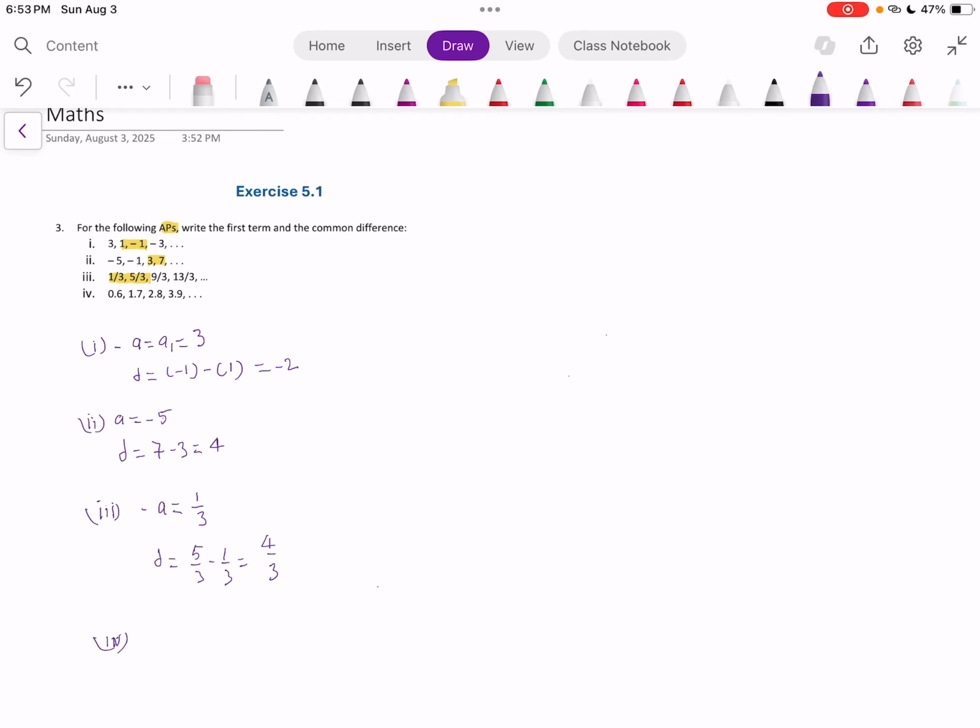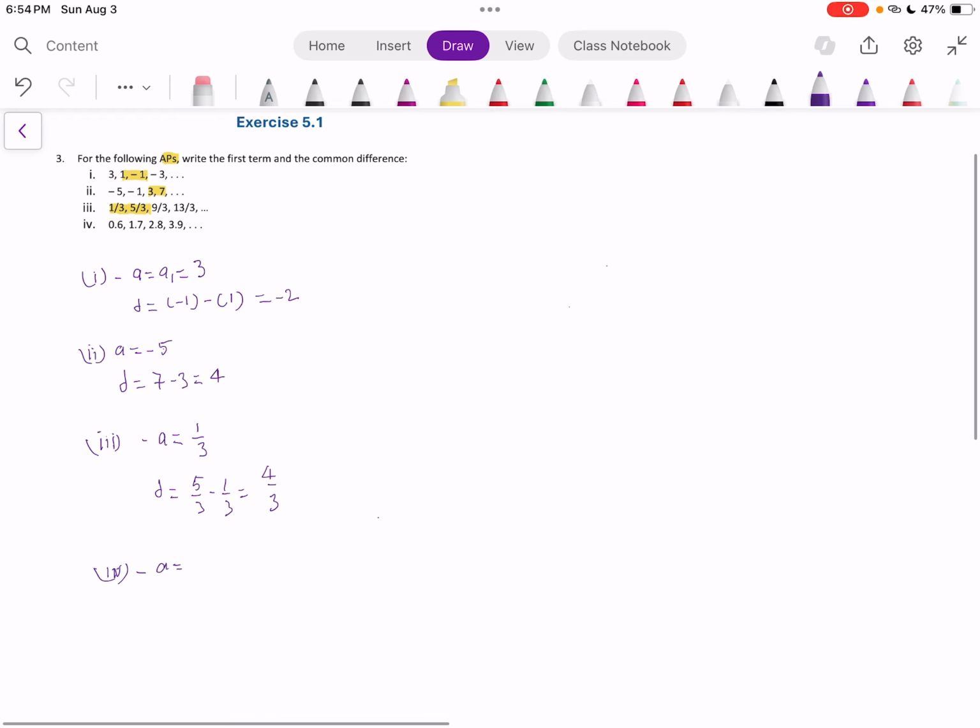For the fourth one, the first term is going to be 0.6, and the difference, let's say we'll find the difference between the second term and the third term. So 2.8 minus 1.7, which is going to be 1.1.